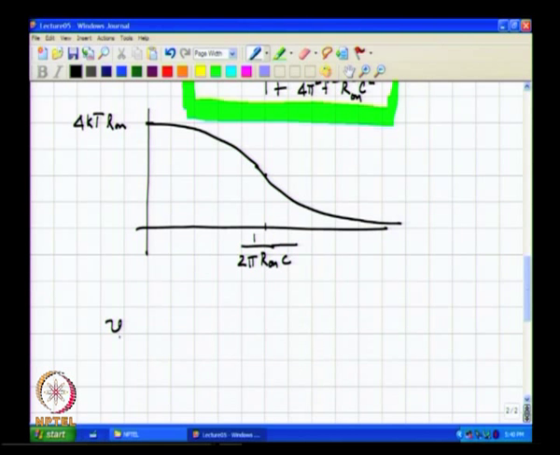So V out square average is simply the integral from 0 to infinity of the output power spectral density integrated over all frequencies.